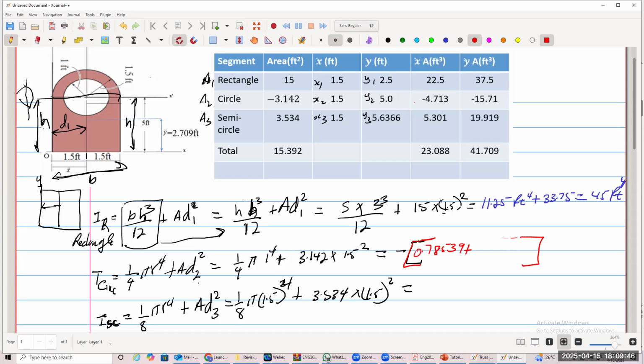So that is 7.0686. What's that value here now? 7.855. Minus, okay, so it's minus 7.85 or whatever.